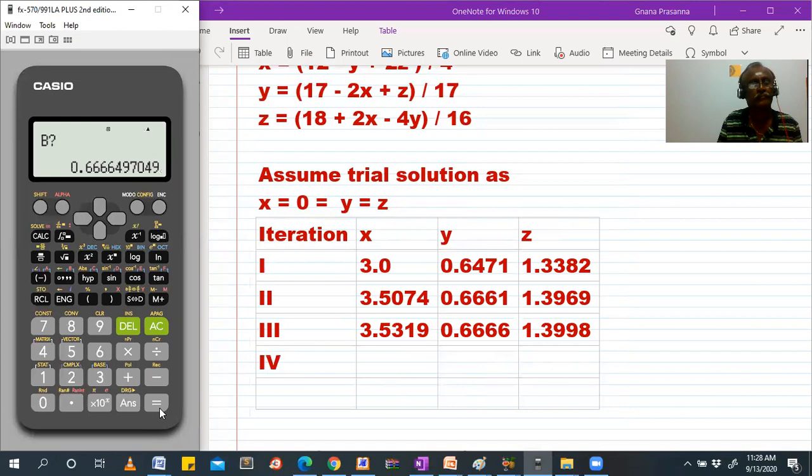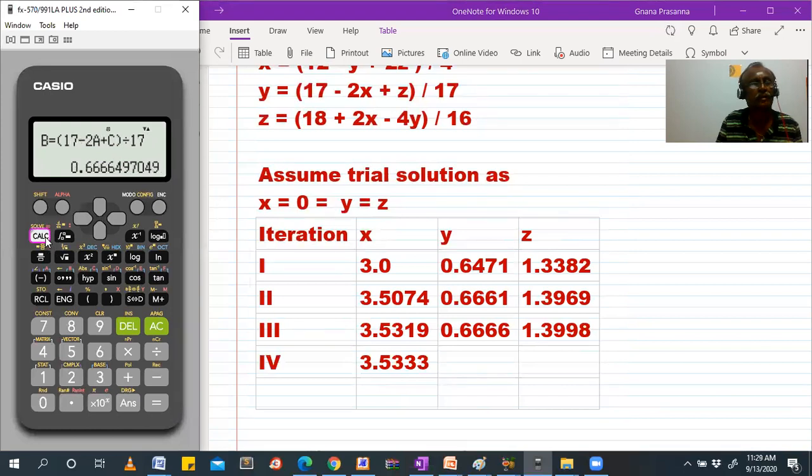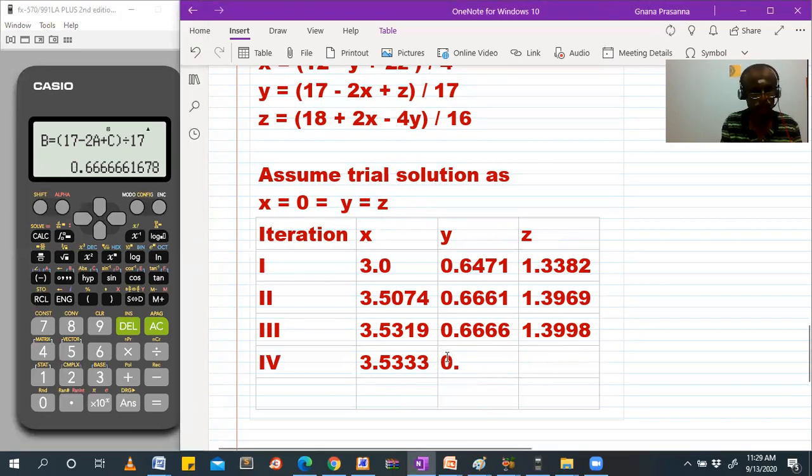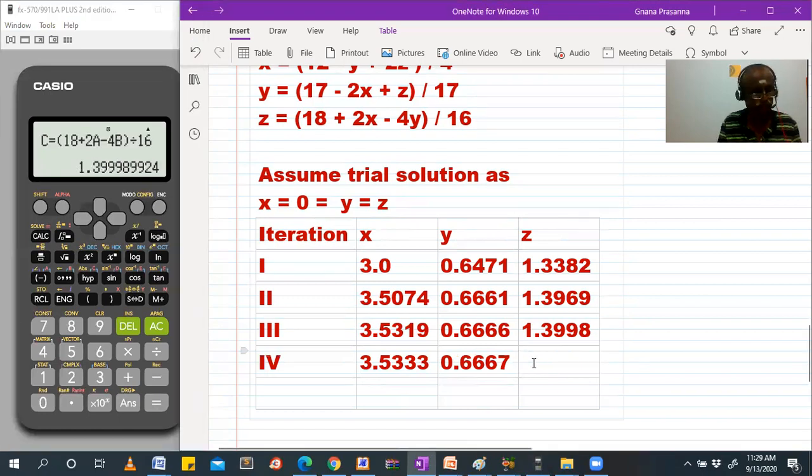A, calc, equal to, 3.5333. Then B, calc, equal to, 0.6667. Again calculate C, calc, equal to, 1.39998, so it can be taken as 1.40.